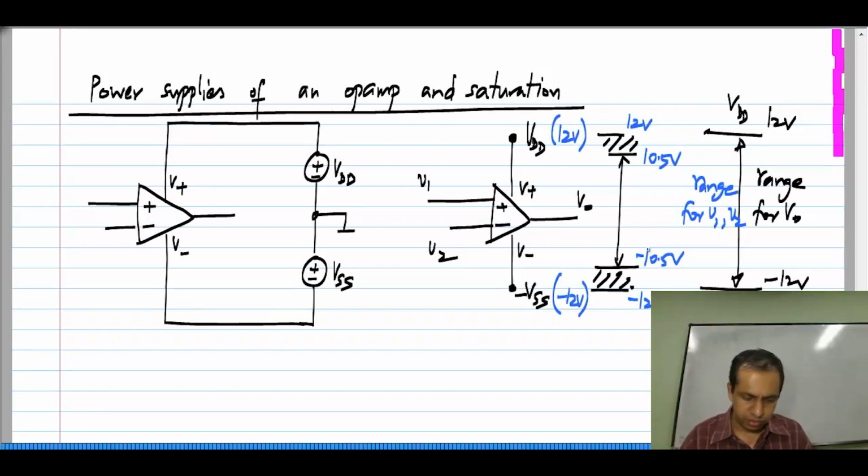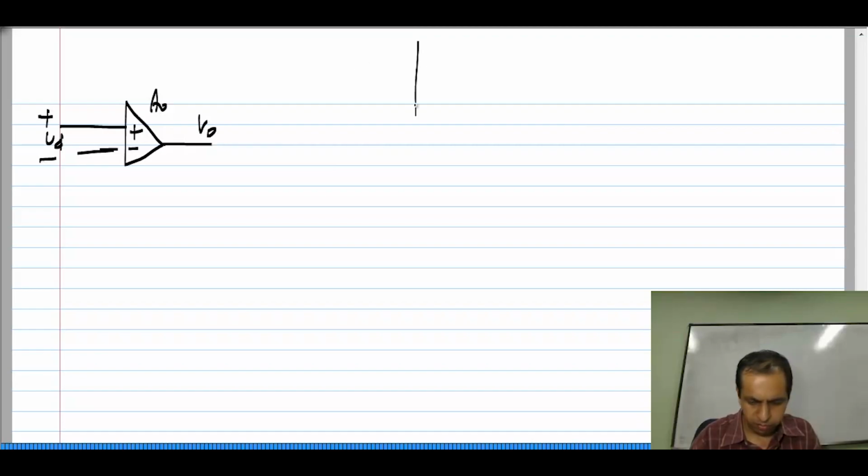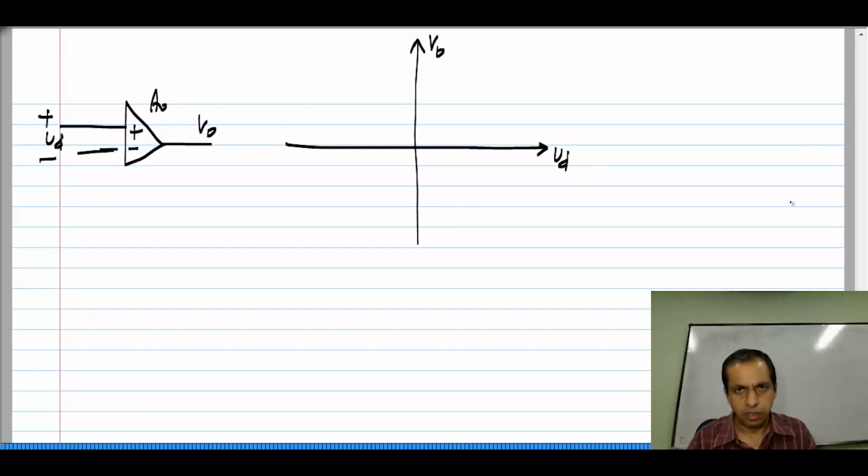In other words, if I take an op amp with gain A naught and plot V naught versus VD, it will be a straight line, because we model it as a linear voltage controlled voltage source, and the slope will be very large.